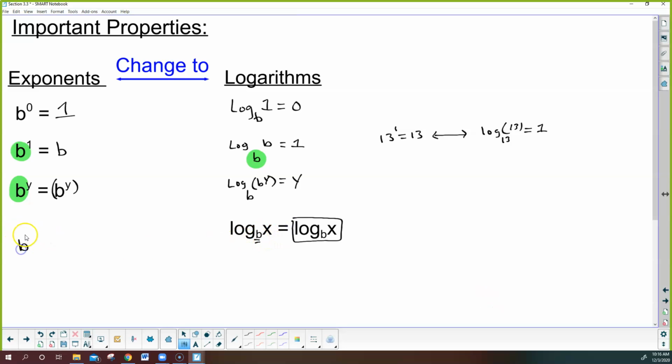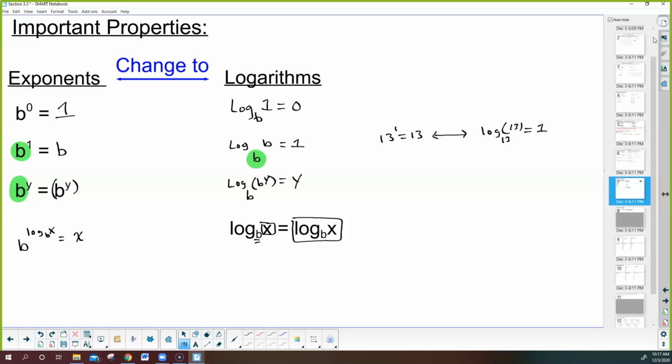So I'm going to rewrite it as the base to the power of a log has to equal this value x. So it's basically saying if you see an exponent b to the power of the log of b, it's almost like this log of b and this b reduce out, and you're left with x equals x. This one's a weird one, but it is a property that we will see come up every so often.